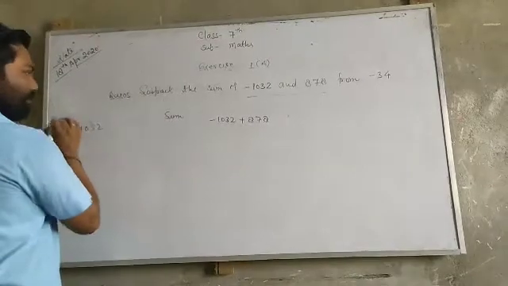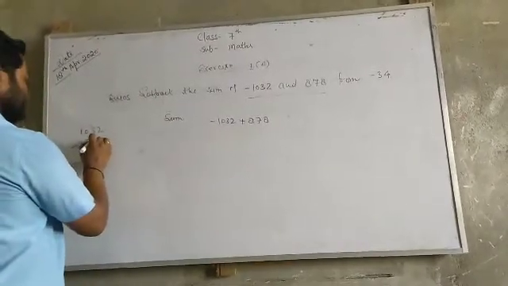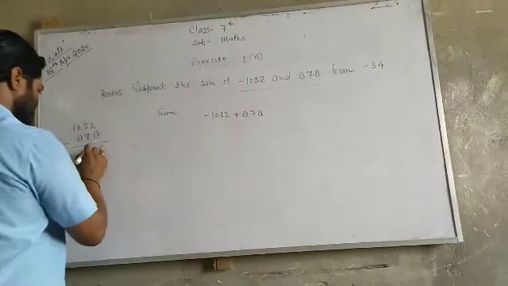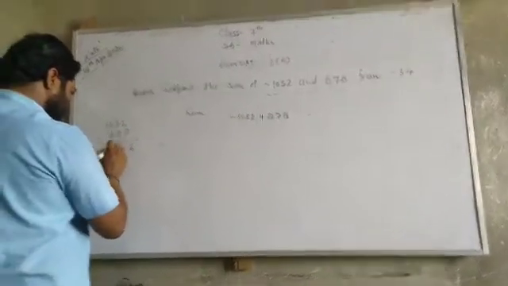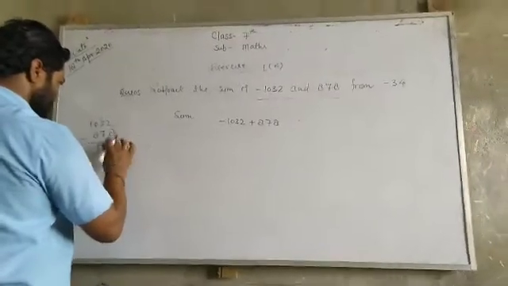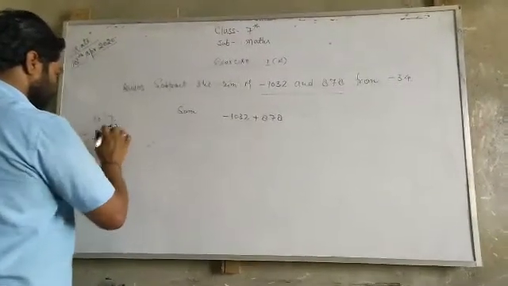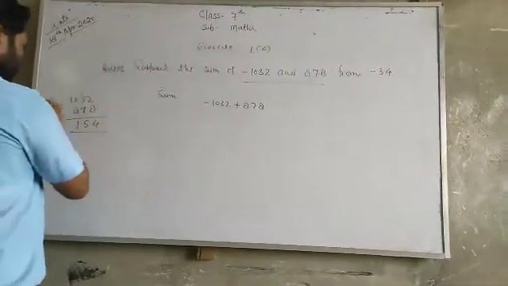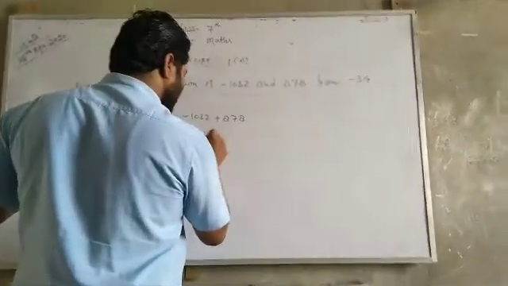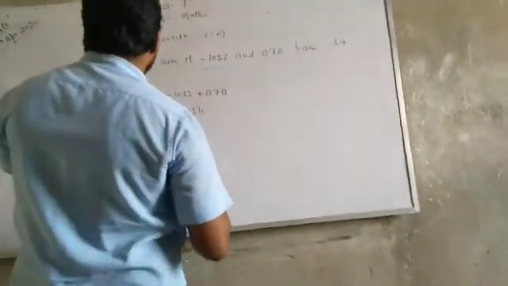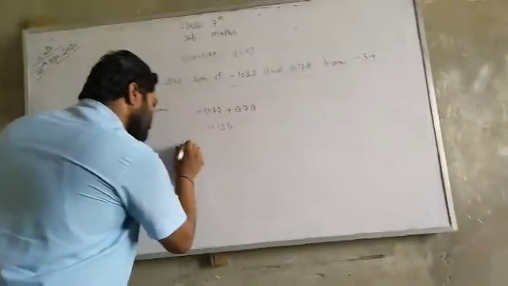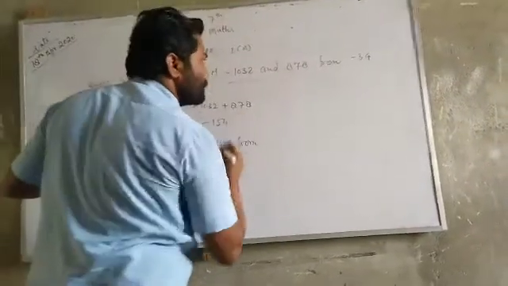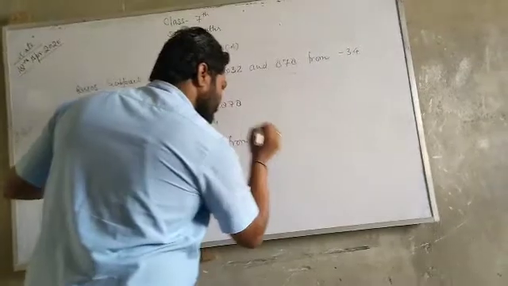1032 minus 878 gives minus 154. Now subtract minus 154 from minus 34.